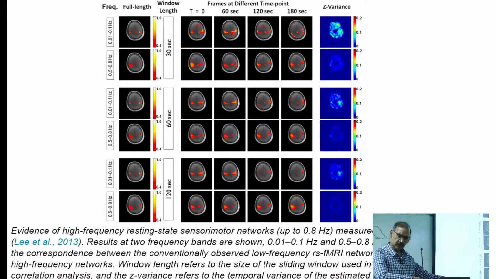Because in this study, the way they have defined it is that the resting state is in the low frequency, right? That's what we have assumed. But the stimulus they have designed at a higher frequency. So the frequency at which the stimulation was done is at a higher frequency. So this is one way in which it can be studied at two different frequencies.